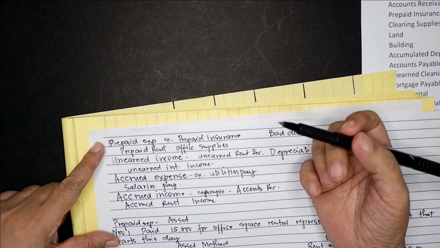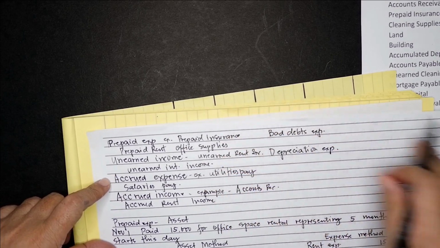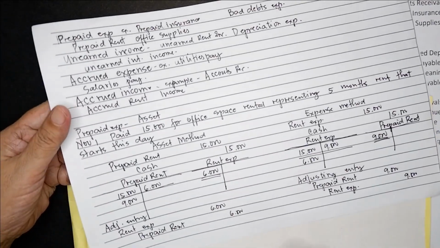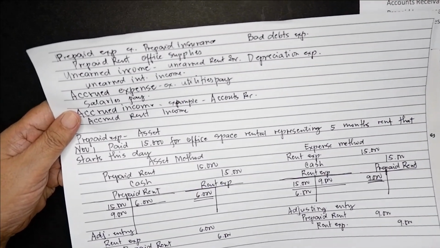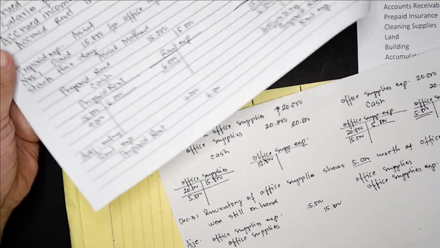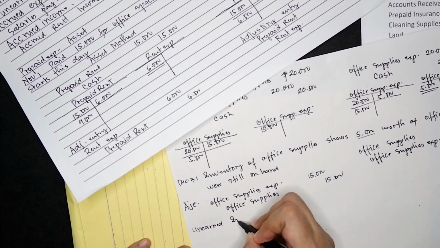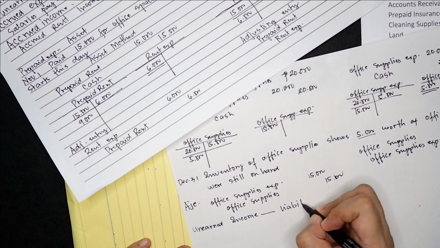Okay, let us have our next adjustment. We have unearned income. Again, unearned income is a liability. It is an income already received but we haven't earned it yet. It is an advance payment received from a customer.